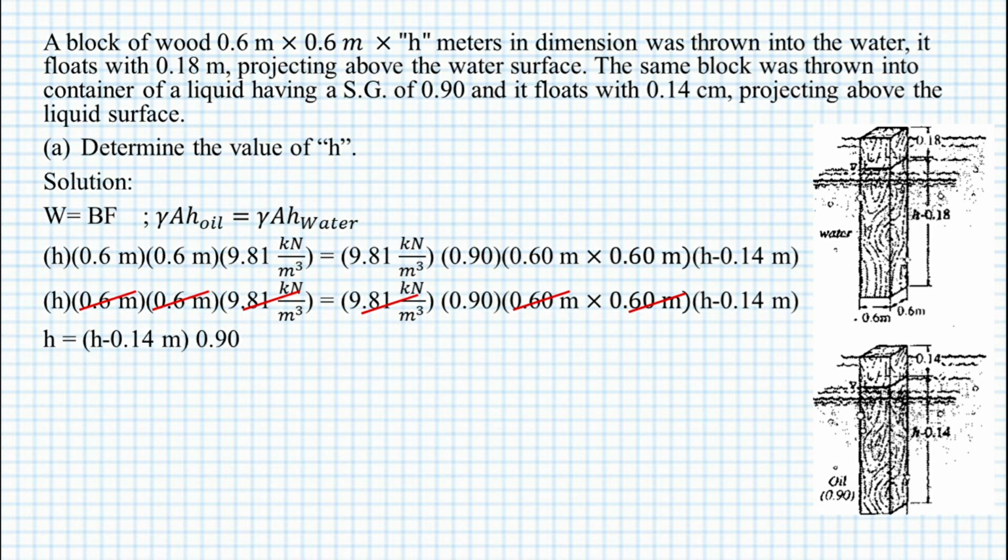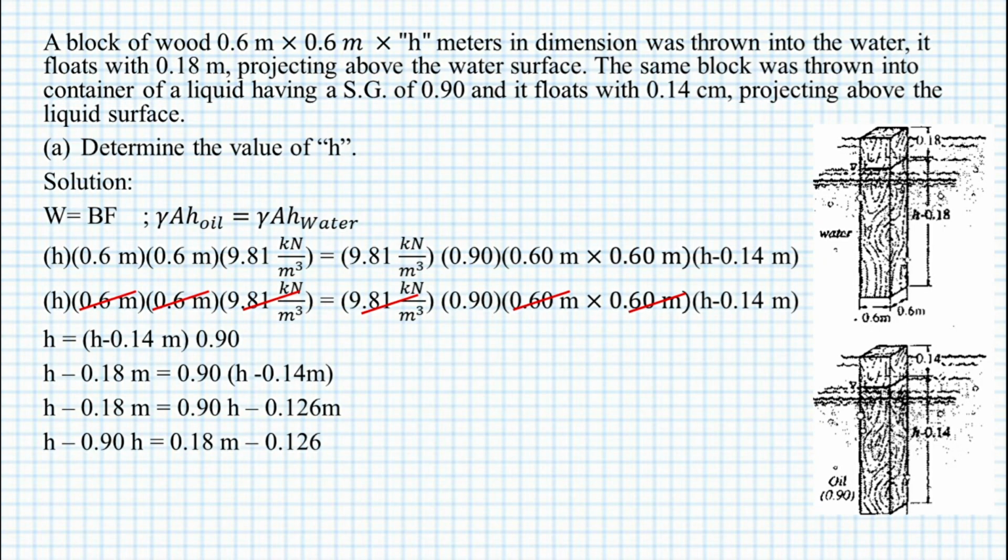Plug in the two equations. We have h minus 0.18 meter equals 0.90 times (h minus 0.14 meter), so h minus 0.18 meter equals 0.90 h minus 0.126 meter.